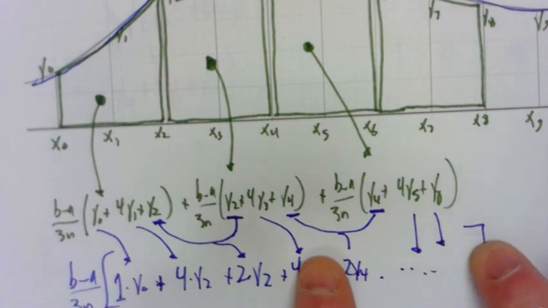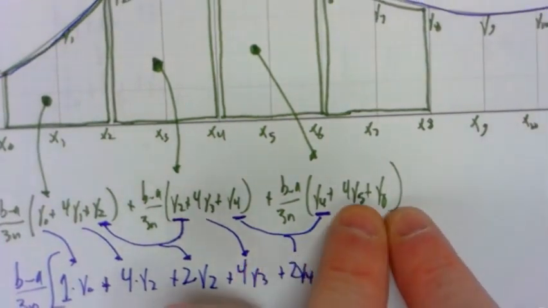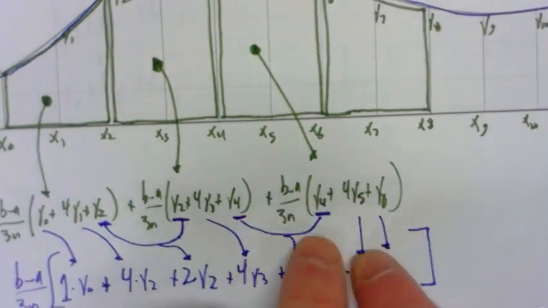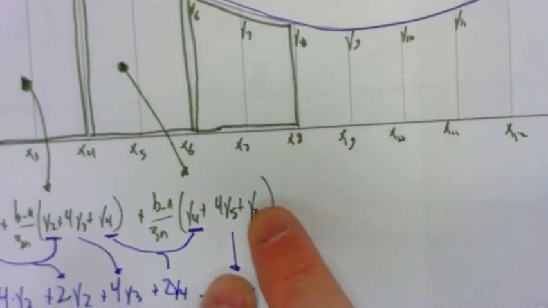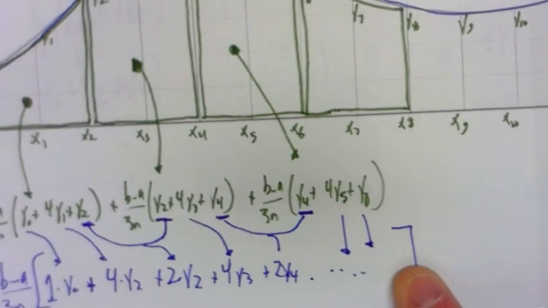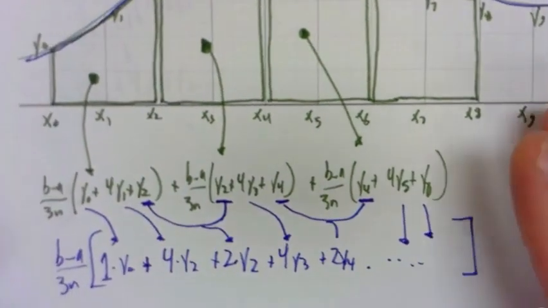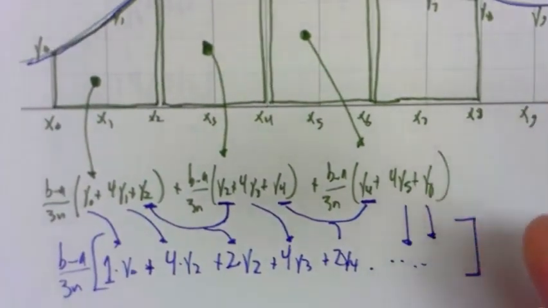You could go all the way to the end, and there'd be 2 of these, 4 of those, and at the very end, there would just be 1 of these left over. So that's kind of a neat way to show where Simpson's rule comes from.